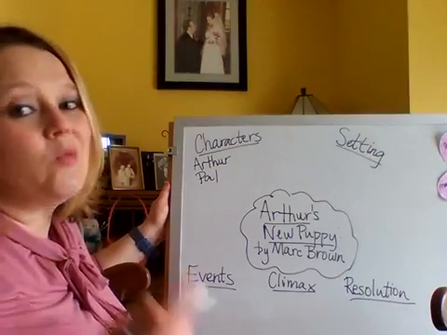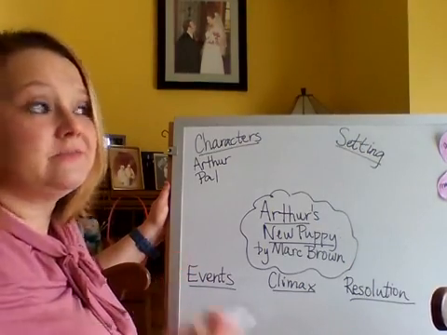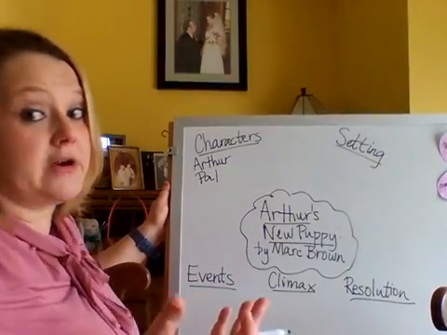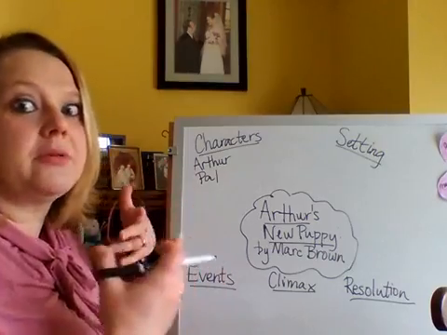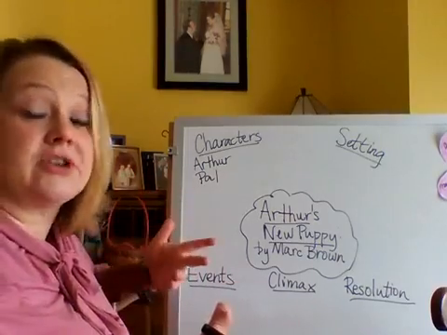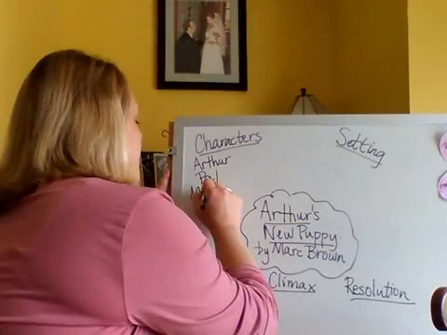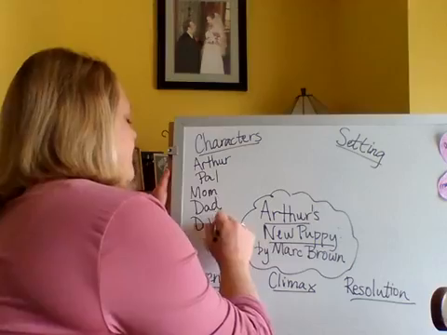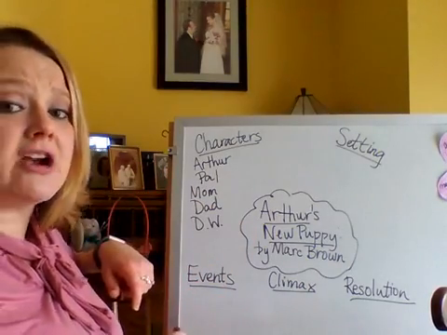Well, yeah, they had one tiny little line on a page, but they really weren't super important in this text, except for maybe they added a little bit of the problem, making Arthur think, oh no, something's going to happen to my dog. But I'm going to focus on Mom, Dad, and DW. Arthur, Pal, Mom, Dad, and DW are my characters.